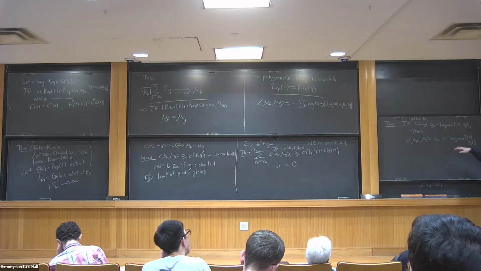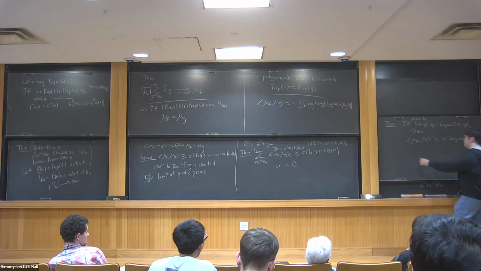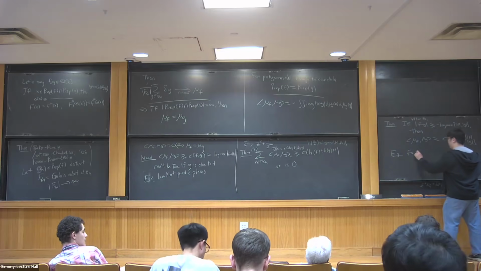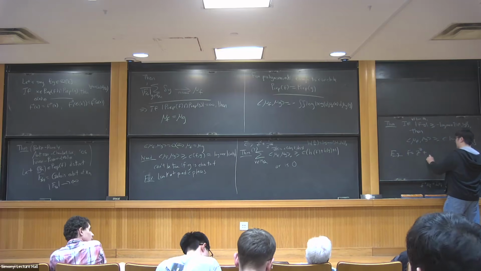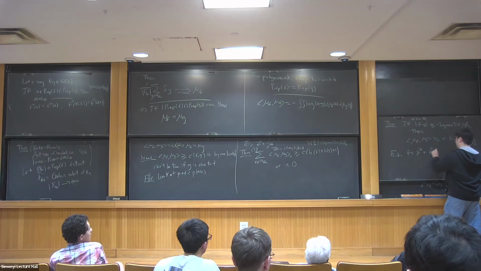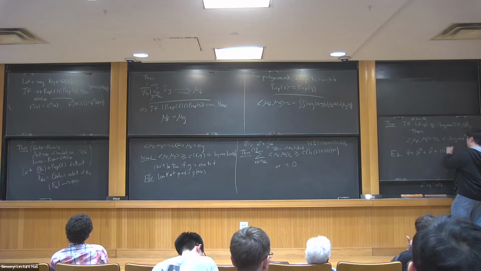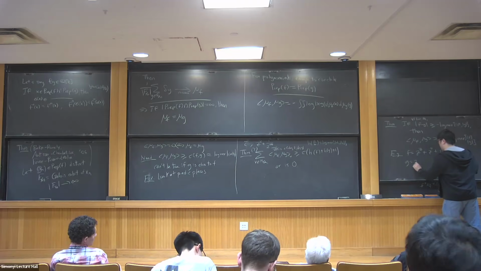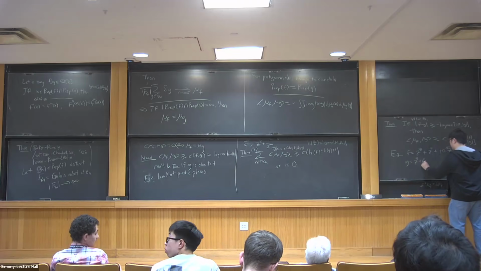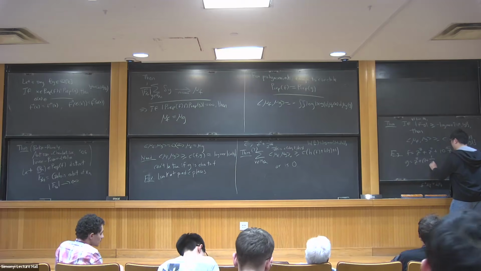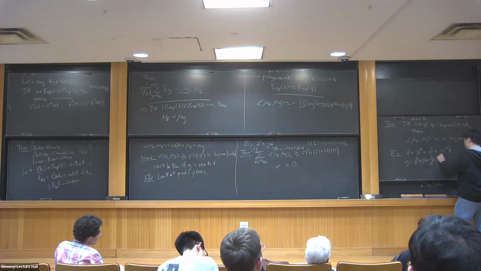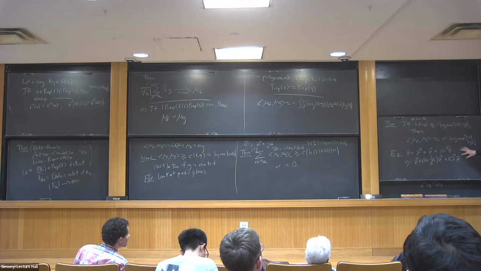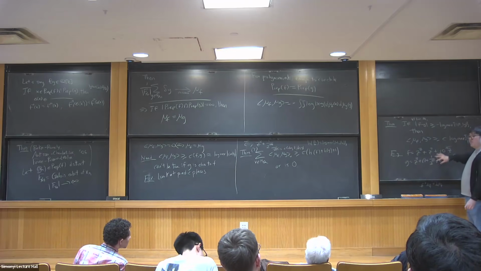And let me say where the problem comes in. I'll give you an example. If you take F to be Z cubed plus Z squared plus 10 to the n Z, and G now is Z cubed plus 1 plus 1 over 2 to the square root n, Z squared plus 10 to the n Z. So you can see that F and G are really close to each other, but p-adically they're far.